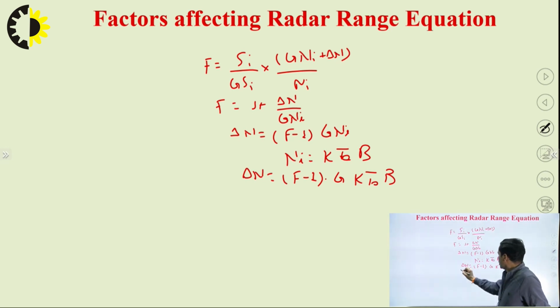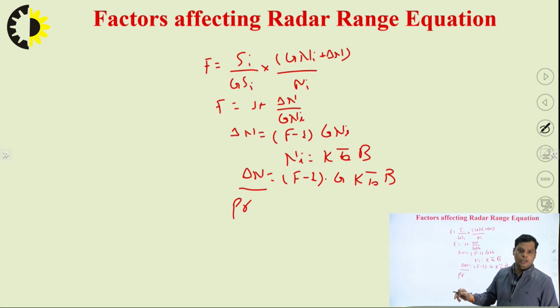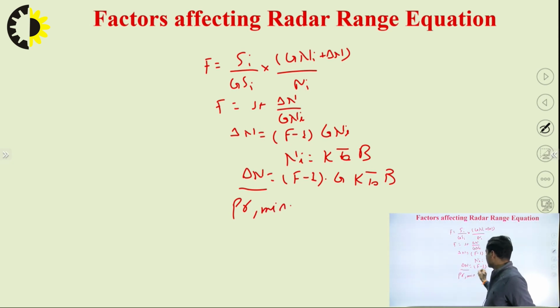This is the equivalent noise generated in the receiver, and some signal power is also coming in. Our main concern is that we have to detect the minimum signal strength. Let's say PR minimum is what is detected by the radar, and this del N is also introduced into the receiver section.